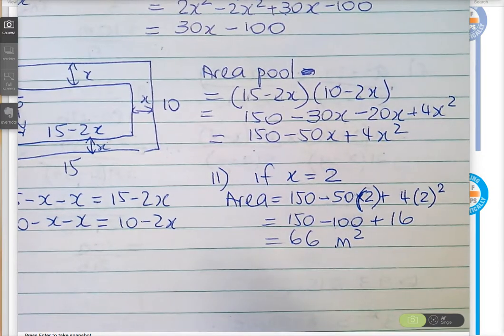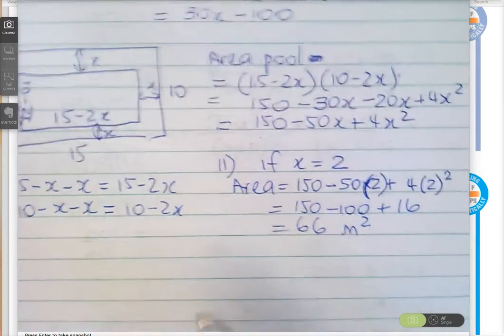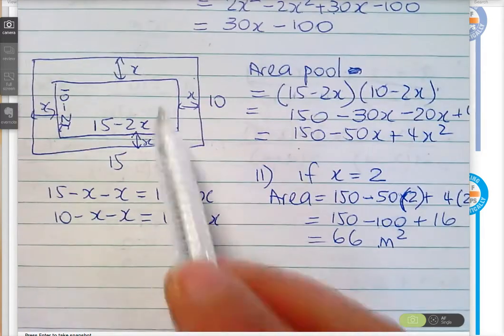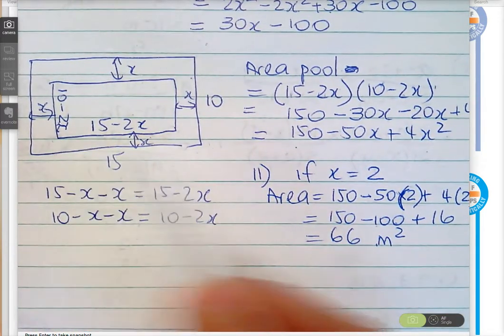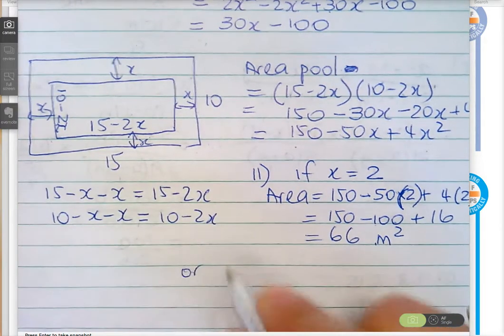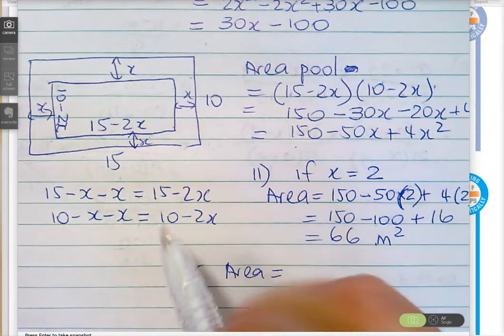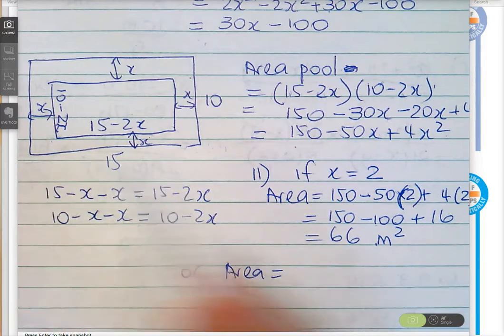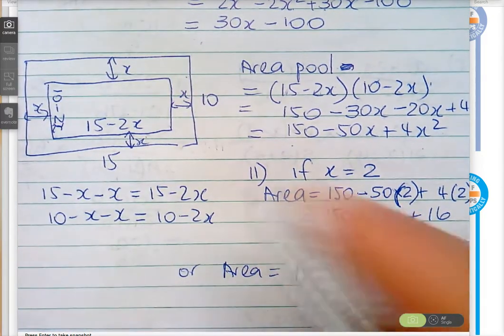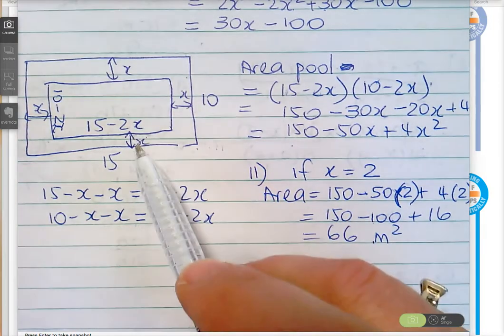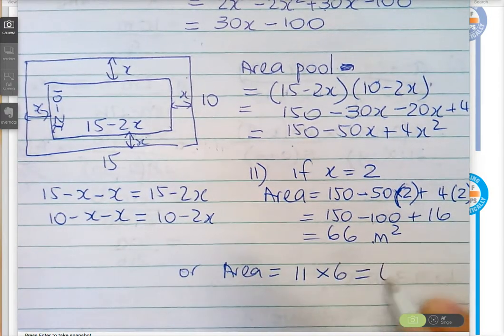Now, the other way of doing it, if you know that x is 2, is just to say, if all of that's 15, what would that have been? 15 minus 2 minus 2, it would have been 11, times 10 minus 2 minus 2, 6. 11 times 6.